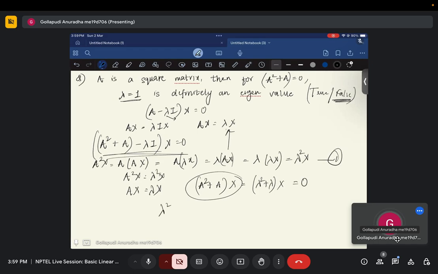Okay, so lambda square plus lambda has to be 0, which means lambda times lambda plus 1 is 0. So lambda will be 0 and minus 1. Okay, so this is not true. It's a false statement.